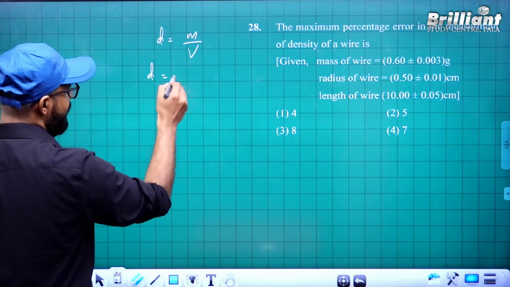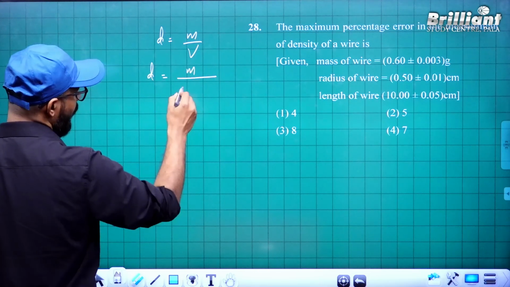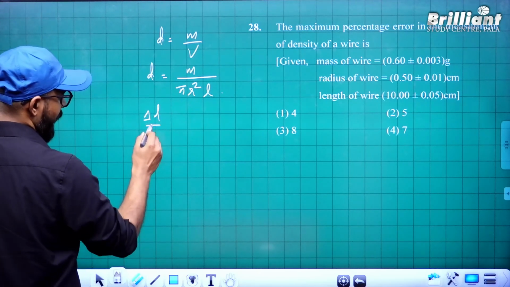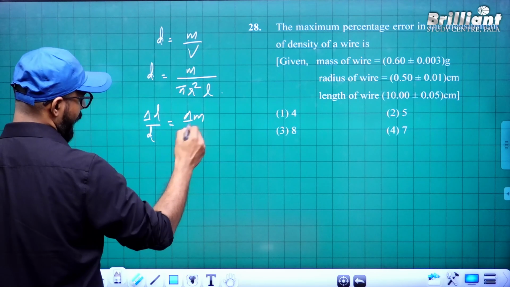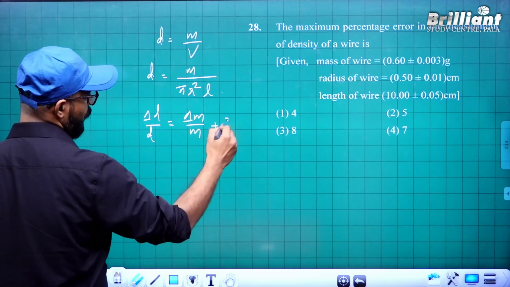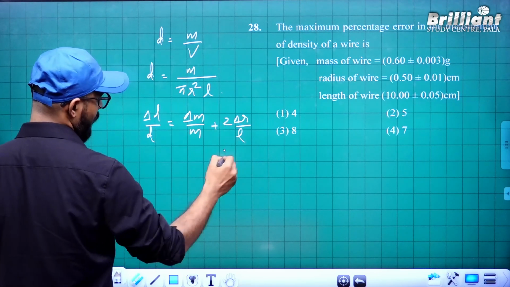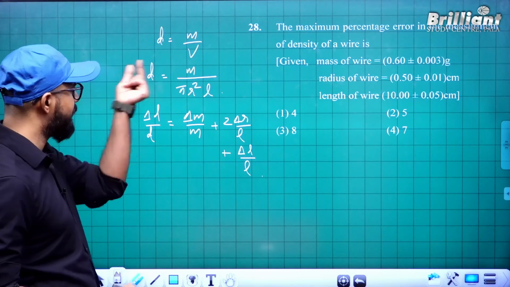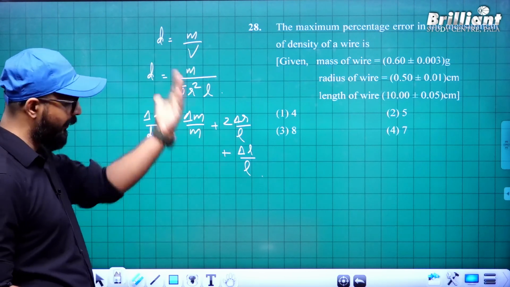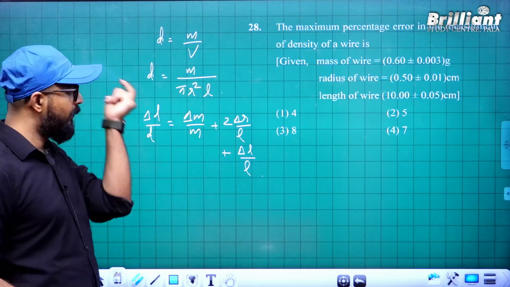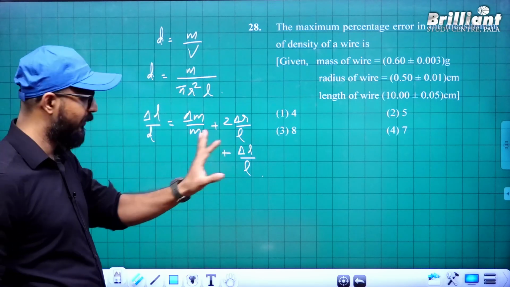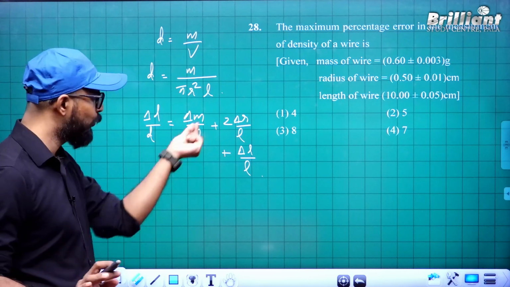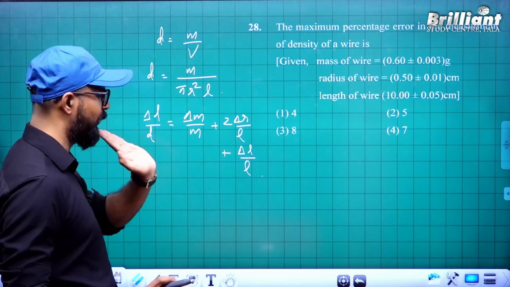So we can write density is equal to mass divided by pi r square into L, which we can write as delta d by d is equal to delta m by m plus 2 times delta r by r plus delta L by L. Just for convenience, I am keeping it like this, density on one side, remaining on the other side, and then finding the answer. Even if I had rewritten it, it won't make a difference, but make sure that all the errors are added. That's all. Clear? You should not get a minus sign in between. Everything needs to be added.